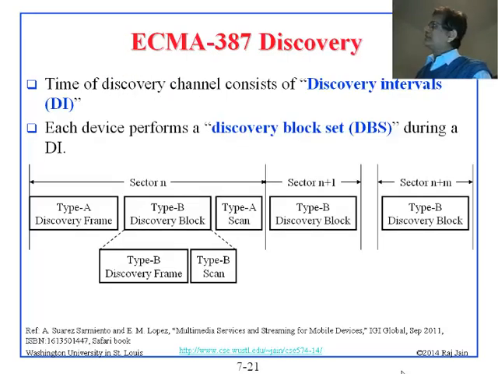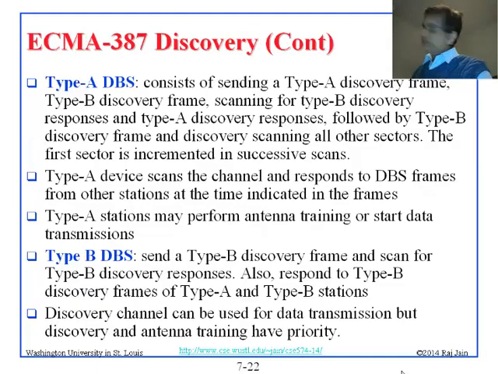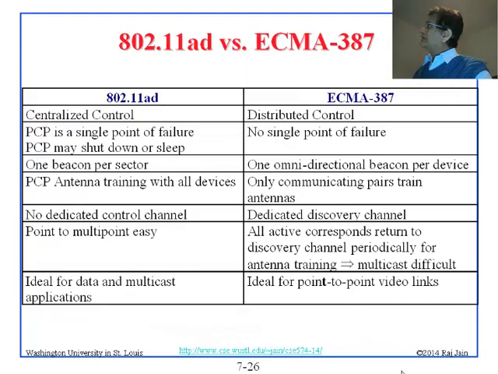Here we see beacons per sector, and this is the omnidirectional beacon. When I was reading about ECMA 387, different books said different things, and I think this is what probably happened here. I'm not really sure whether this is true. Omnidirectional beacon per device. PCP does antenna training with all the devices; here, only communicating pairs train antennas.